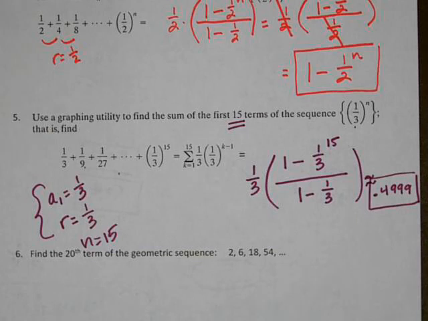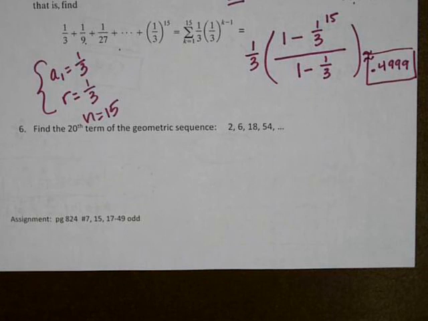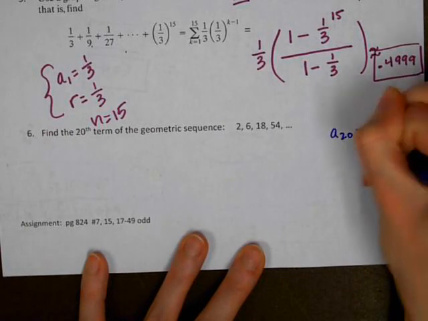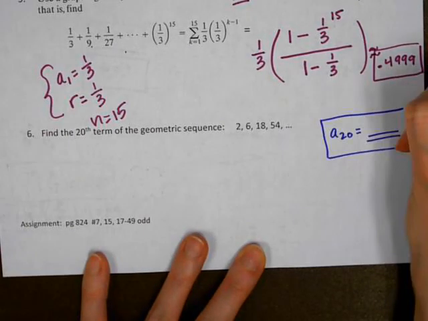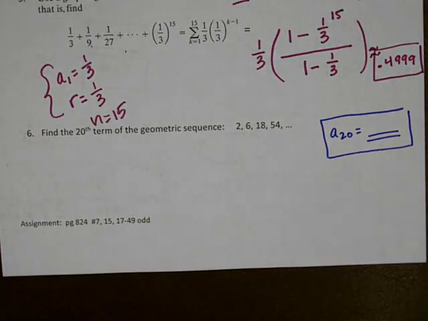All right, last one, number 6. Find the 20th term of the geometric sequence. So we're not finding a sum here. We're finding a sub 20. So in the end, we want a sub 20. Do you guys want to list what we know?